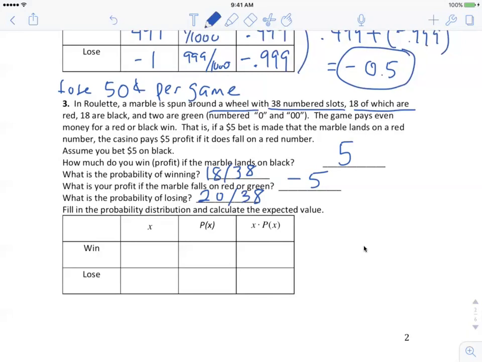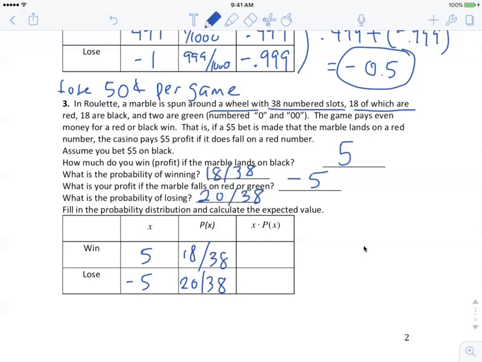So we have win 5 or lose 5. We have 18 out of 38 here, and we have 20 out of 38 here. And now I'm going to do a little math for that next block. I'm going to multiply 5 times 18 divided by 38. Right, 5 times 18 divided by 38, it's about 2.368.